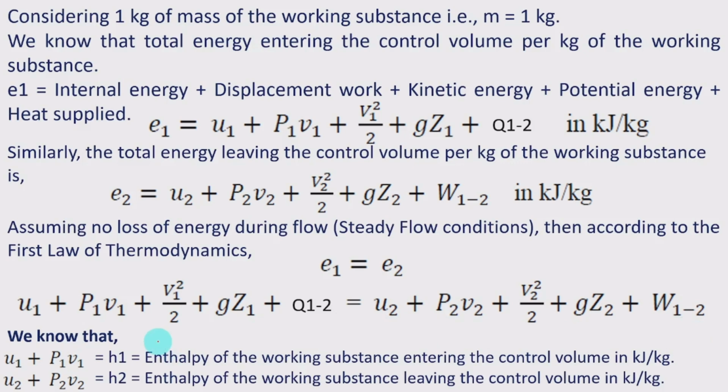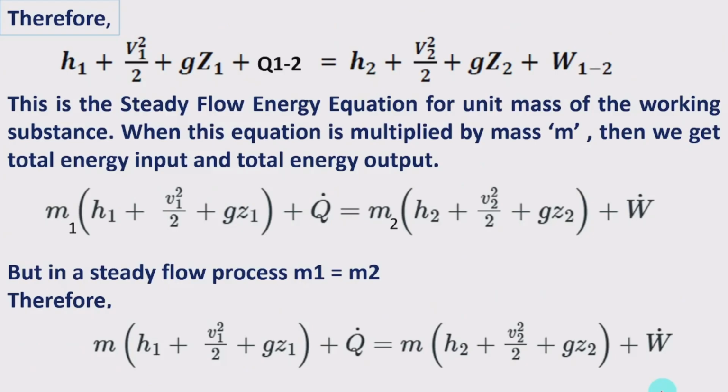We know that U1 plus P1 V1 equals H1, that is the enthalpy of the working substance entering the control volume in kilojoule per kg, and U2 plus P2 V2 equals H2, that is the enthalpy of the working substance leaving the control volume in kilojoule per kg.